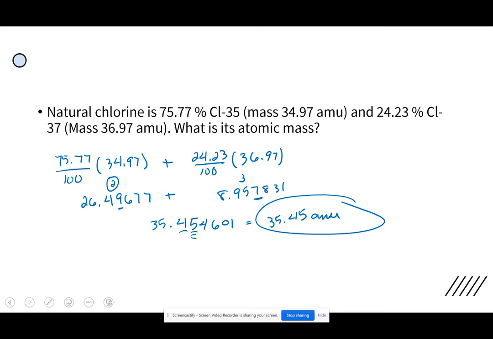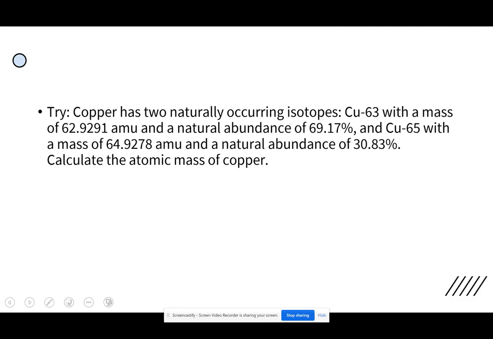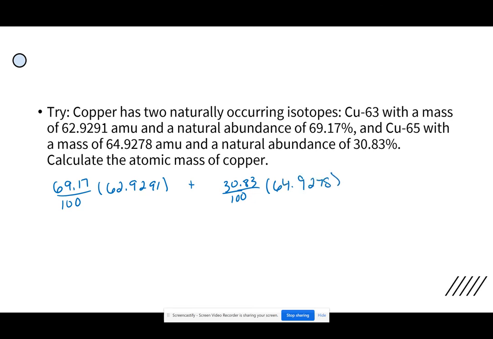If you want to see one more example, here we have with copper. So the first isotope of copper, copper 63, is 69.17%, and it has a mass of 62.9291. The second isotope of copper, copper 65, has an abundance of 30.83 and a mass of 64.9278.